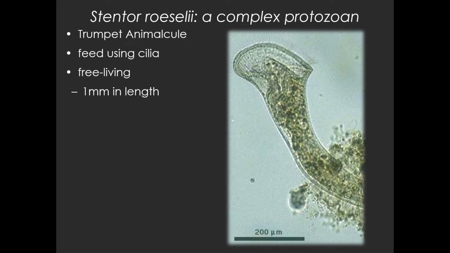They have given up being motile and have become sessile, attached to the environment, and instead have a ring of cilia that beat and create a current in the water that draws food toward the organism. So they actually use their cilia to feed rather than to swim. And they're fairly large. They're about 1 millimeter in length, so they would be visible to the naked eye, though obviously not with this level of magnification.